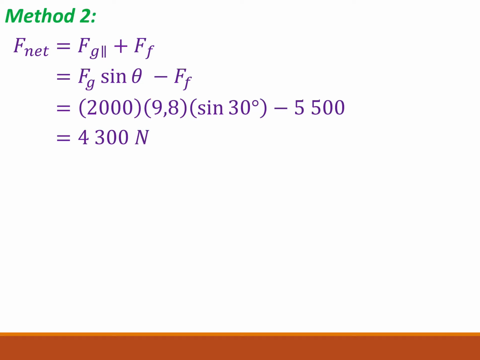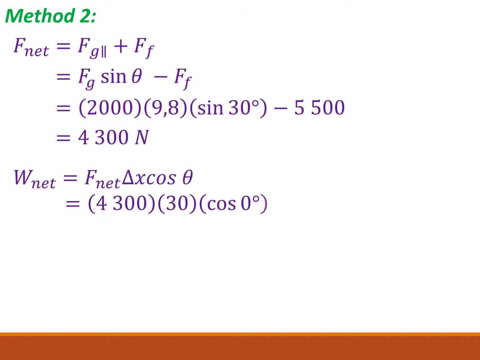That's the net force. It's a positive net force, which means net force is in the direction of the motion. Theta is then going to be 0. 4,300 times 30, that's 30 is the distance. Oh, look, 129,000 joules.